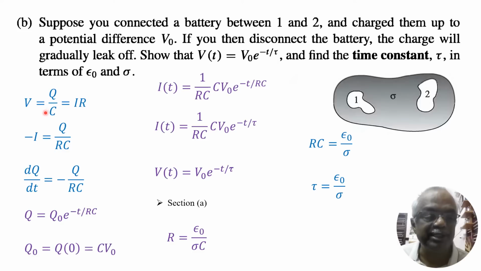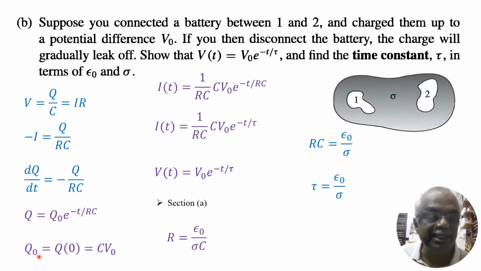Now, I is nothing but the rate of change of charge, that is dQ by dt. I am bringing this negative sign to the other side. Then if you integrate this, you will get Q equals Q naught e to the power minus t over RC.